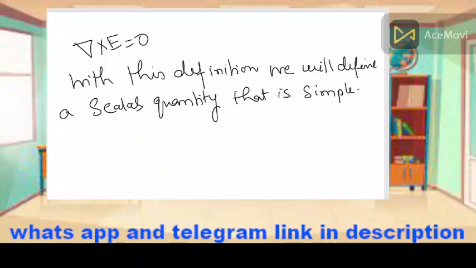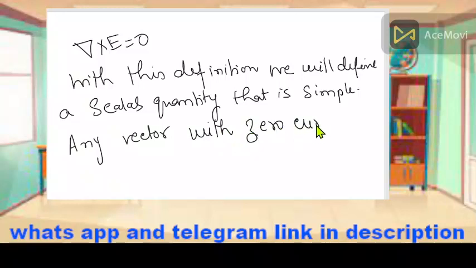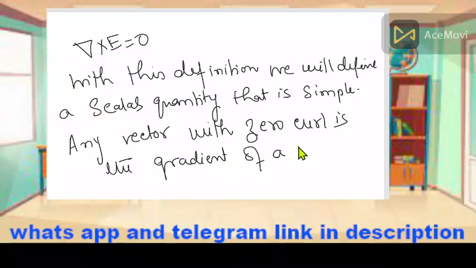Now, from vector algebra, we will make use of one particular theorem: any vector whose curl is 0 is the gradient of some scalar quantity. Any vector with zero curl is the gradient of a scalar.